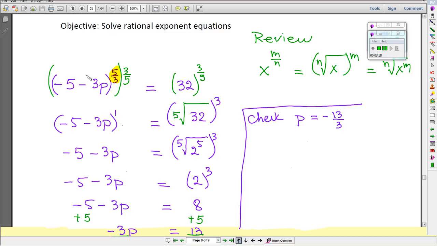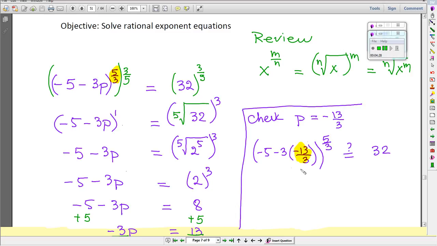So I will substitute back into the original equation to have -5 minus 3 times -13/3, that is the p. All of this to the power of 5/3, and it will be equal to 32. So now we just put the question mark. We need to check it.